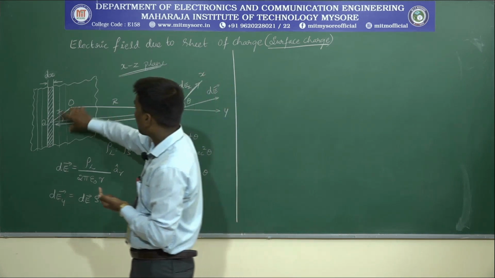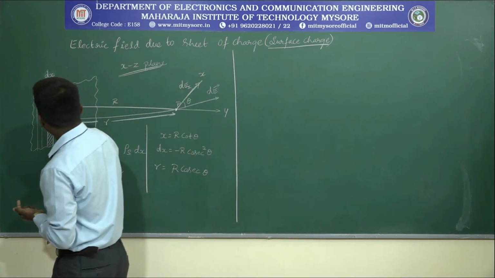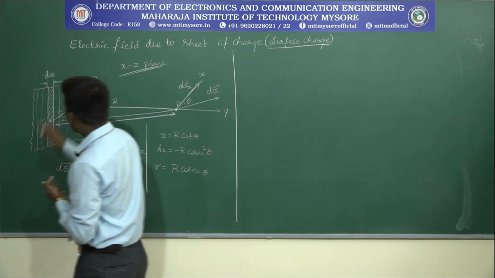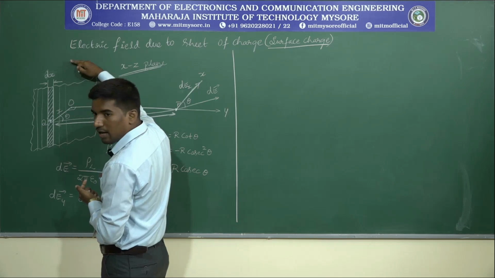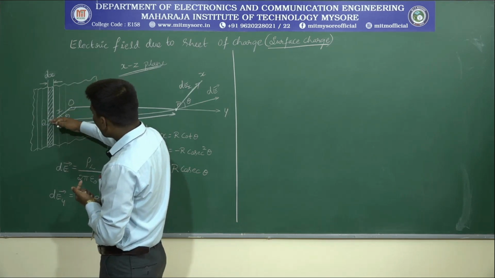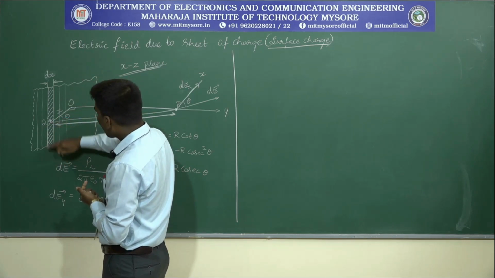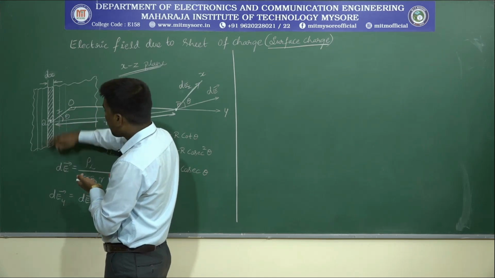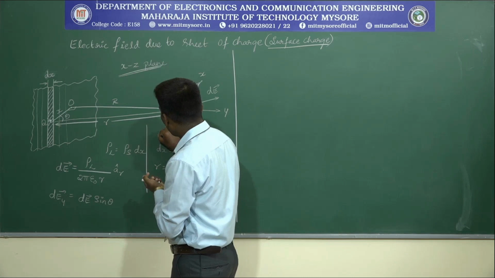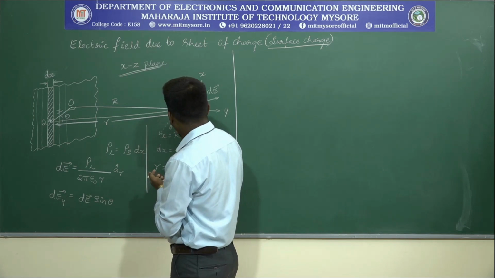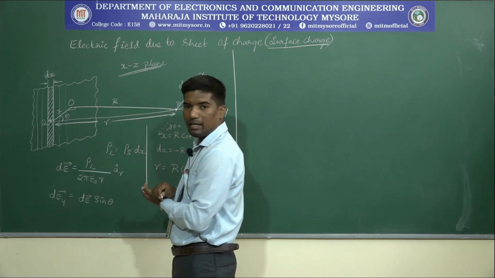If we consider another point, let us consider Q as the origin of this line charge. So dEx is acting along this line. If I consider another one in the opposite direction, we will get equal magnitude with opposite direction, and the dEx component gets cancelled like this. See here, if I take it like this, dEx is in the negative direction.